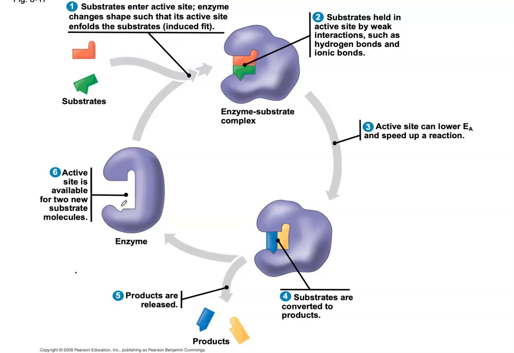For example, an enzyme called lactase has an active site that uniquely fits lactose, which is formed by the combination of glucose and galactose with a 1,4 glycosidic bond. So the enzyme lactase will uniquely fit the substrate lactose.